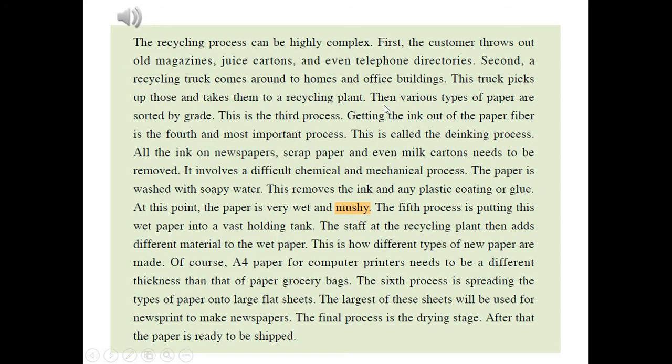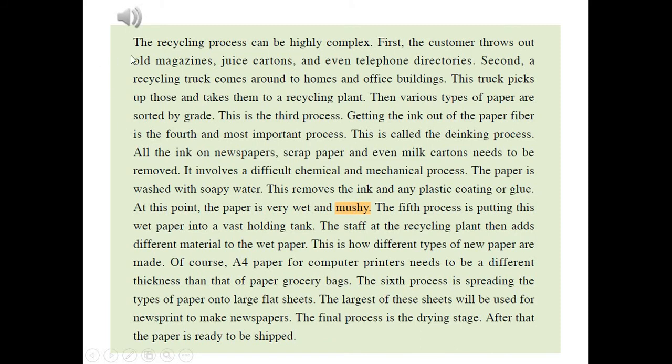That is the third process. When you say various different types of papers, they need to be sorted or grouped by their grades. Next, the fourth process is getting the ink out of the paper fiber. That is what we call the de-inking process. That is the fourth process.